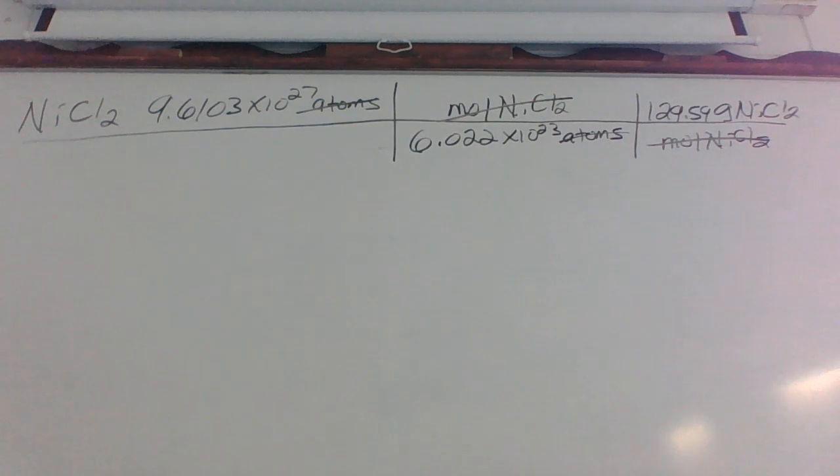So, 129.59. Okay, and then that should give you 1.25 times 10 to the 30th, correct? That's not the answer. Okay, so we want to divide that answer by Avogadro's number.